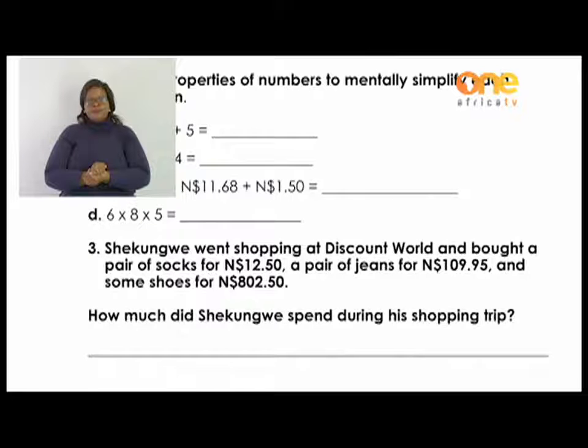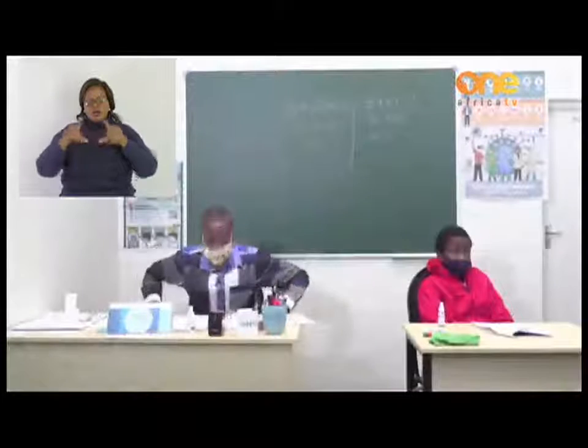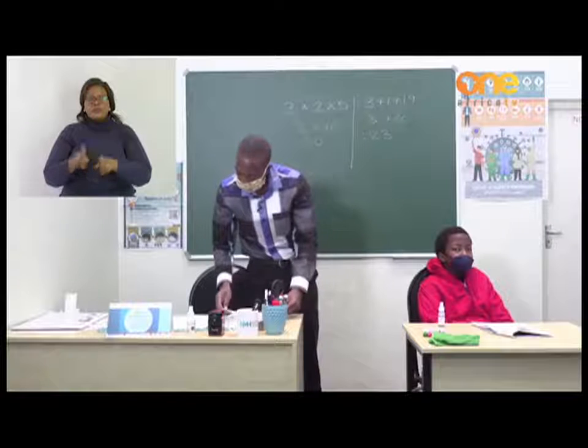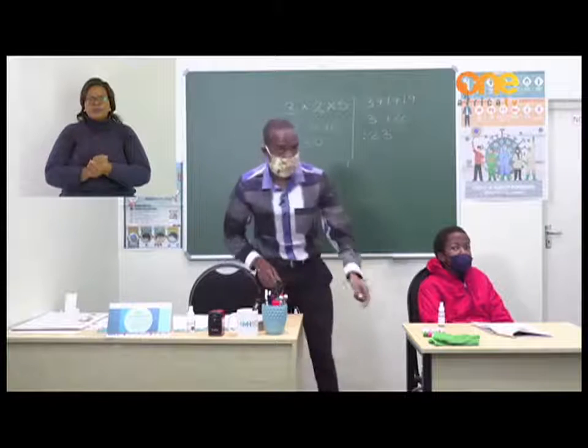It says to use the property of numbers to mentally simplify each expression. Now I'm going to use the chalkboard to show you how to do this. I'm just going to show you A, and then the rest you do on your own.